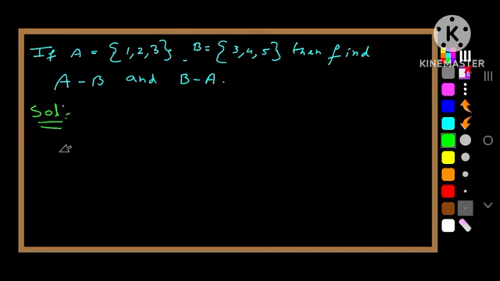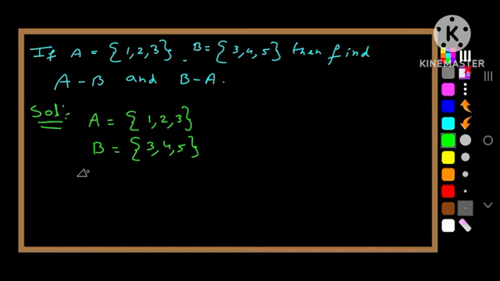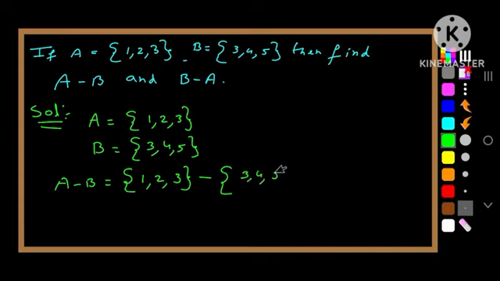First of all, you write down the sets. A is 1 comma 2 comma 3, and B is 3 comma 4 comma 5. Now what you have to do? A minus B. Simply write the sets, A: 1, 2, 3, minus B: 3 comma 4 comma 5.